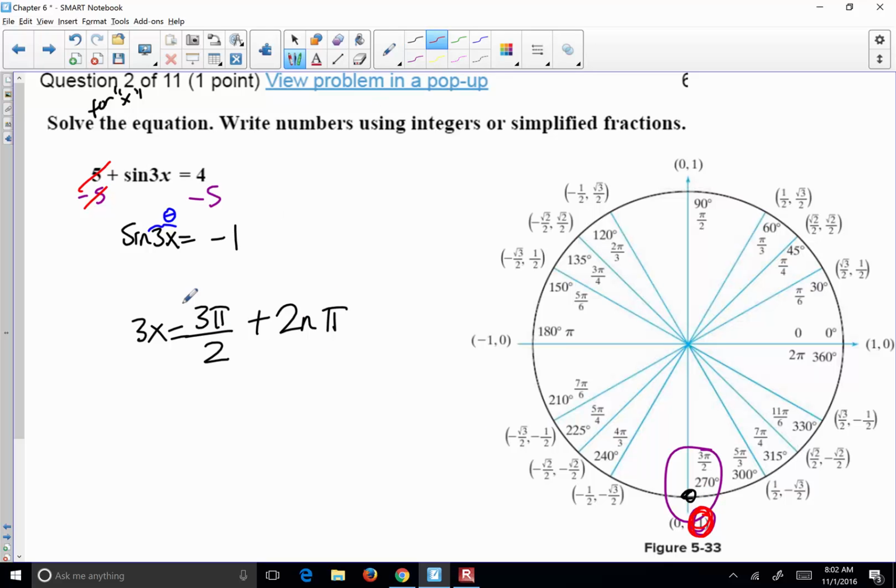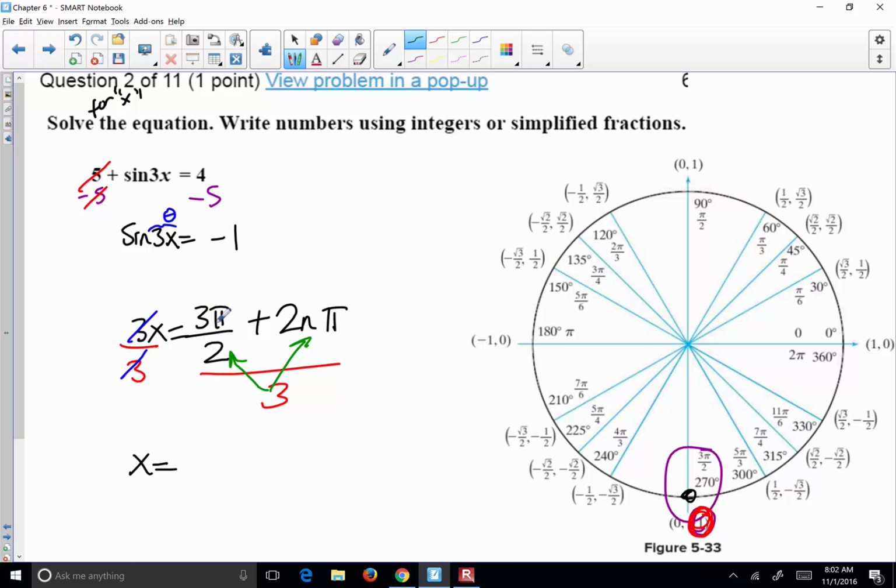And finally, we need to get x by itself. So how do I get x by itself? Yeah, we divide both sides by 3, which is going to divide both terms by 3.